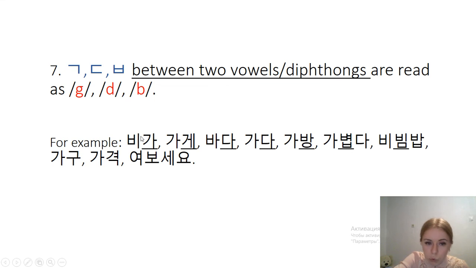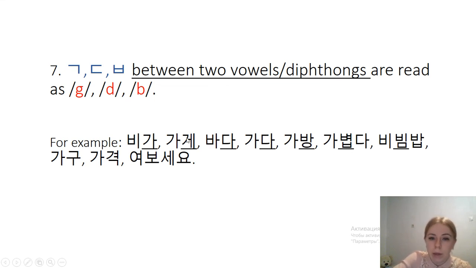비가, we see two vowels. G is in the middle of them. So in this case, we read it with the g sound, not k, but g. Don't forget about that. So we have to read them like 비가. Here is the same situation. 가게.